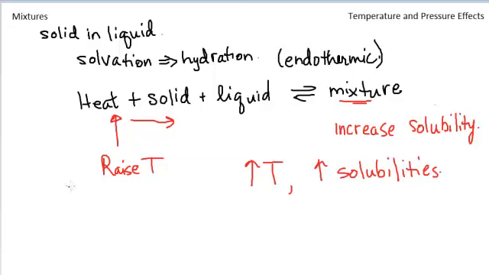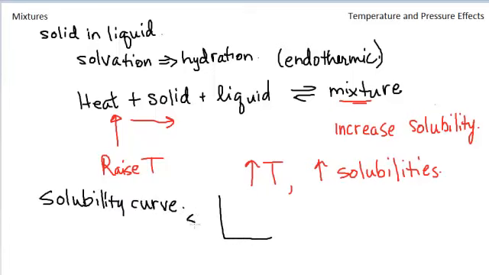This is usually determined experimentally and is represented in something called a solubility curve. A solubility curve is a graph of solubility versus temperature. Although they're not typically straight lines, and we might see some that are, in general the solubility increases as you increase temperature, but we're going to see a wide variety of types of lines and different sloping lines for different substances.